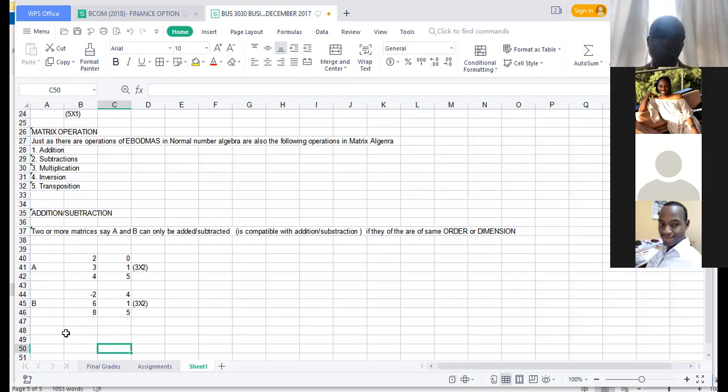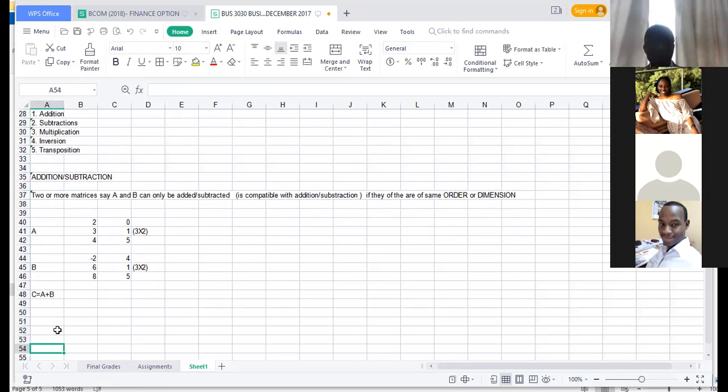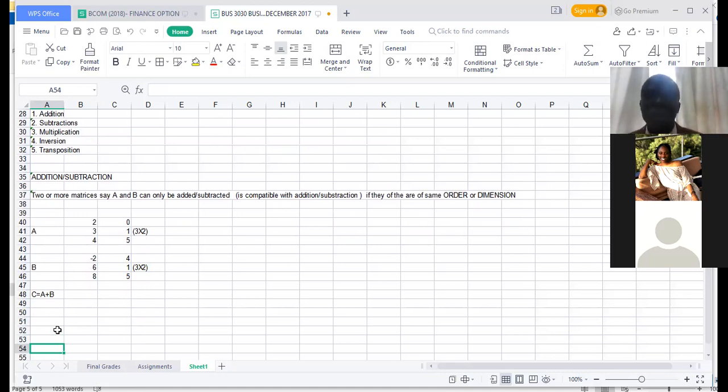So let C be the sum of A and B. Let C be equal to A plus B. So what is C equal to? Now the procedure. Yes, please.